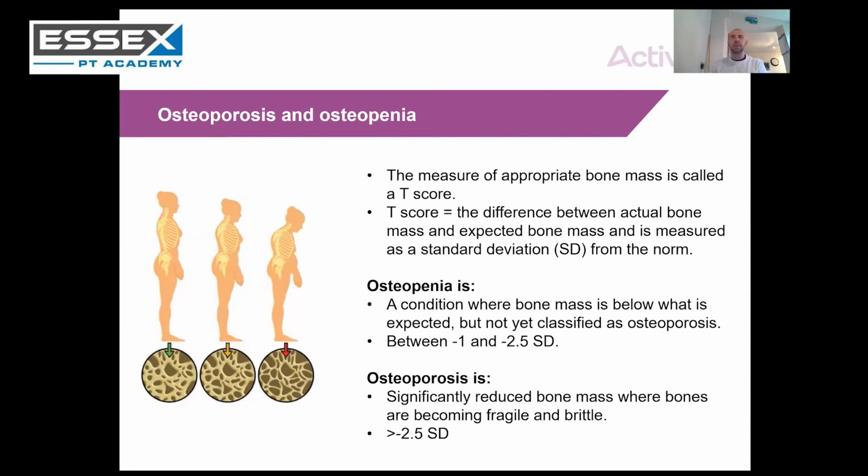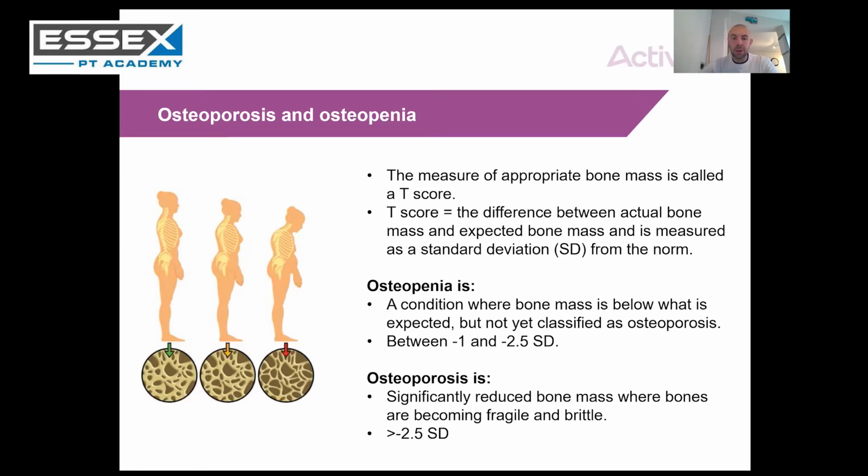So there's two terms that you might come across. Osteoporosis is the really common one that you'd have heard of, and that's almost at the point where it's real end stage. Osteopenia is sort of the middle phase, so we're not quite there yet. The measure of appropriate bone mass is called a T-score. The T-score is the difference between actual bone mass and the expected bone mass, and it's measured as a standard deviation from the norm.